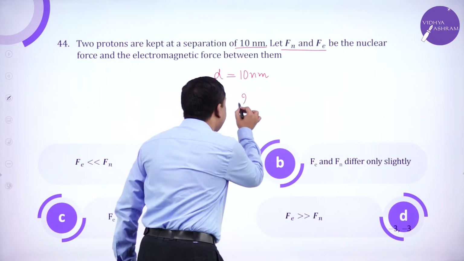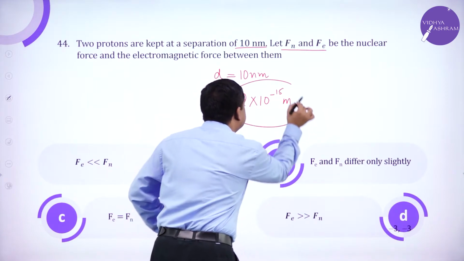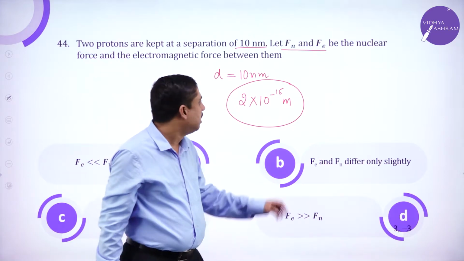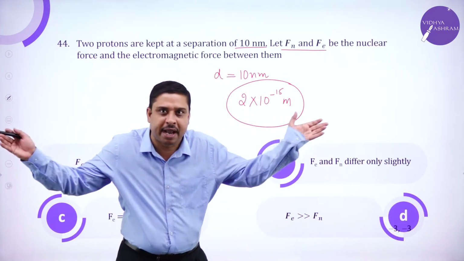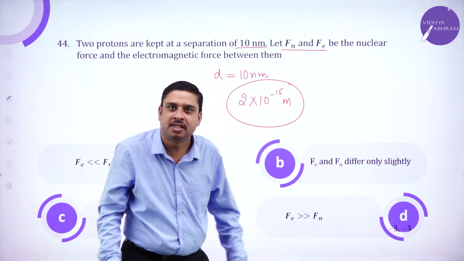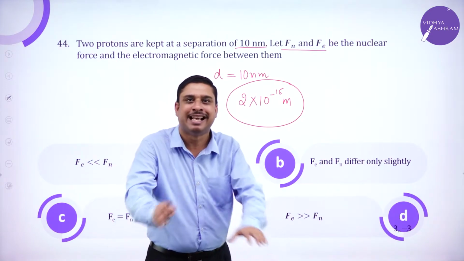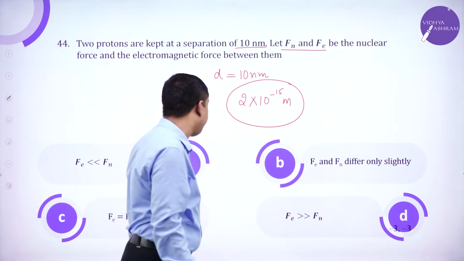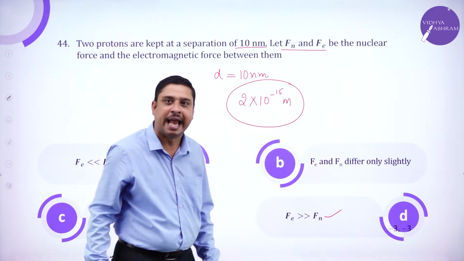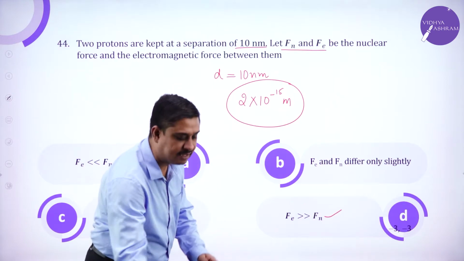We told only when they are separated by 2 Fermi distance, or by a distance of 2 into 10 power minus 15 meters. Now, there is a considerable separation, more than 2 into 10 power minus 15 meters, which means nuclear force has to saturate. If the distance is greater than 2 Fermis, nuclear forces saturate. Therefore, we observe that Fe is very much greater than Fn. Why? Separation is very much greater than 2 Fermis.